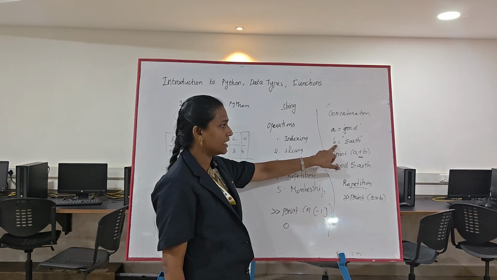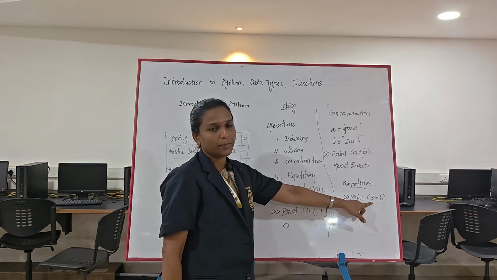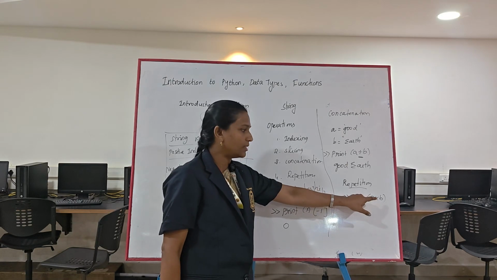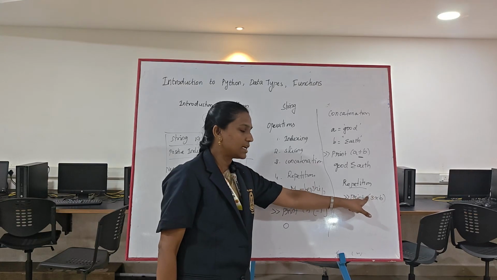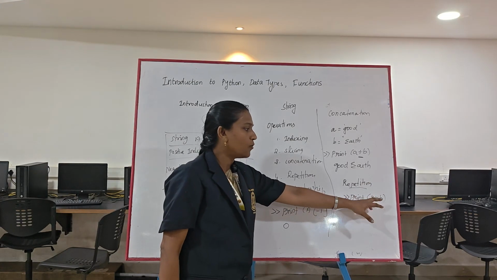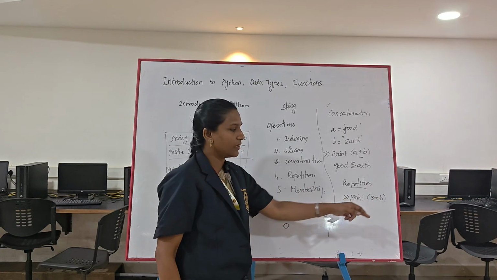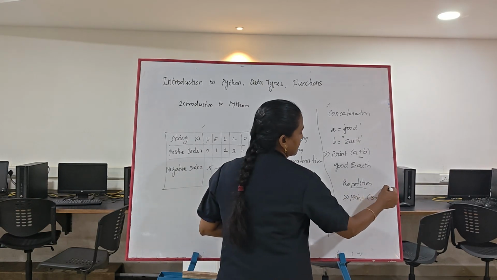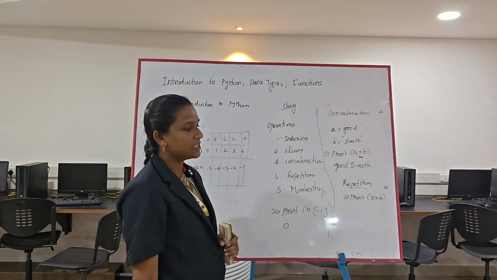In the B string, I have saved earth. How many times I want to repeat the string, I have given on the left side. So 3 is the number of times I want the string to be repeated. The operator we have used here is asterisk. The operator we have used for concatenation is plus.